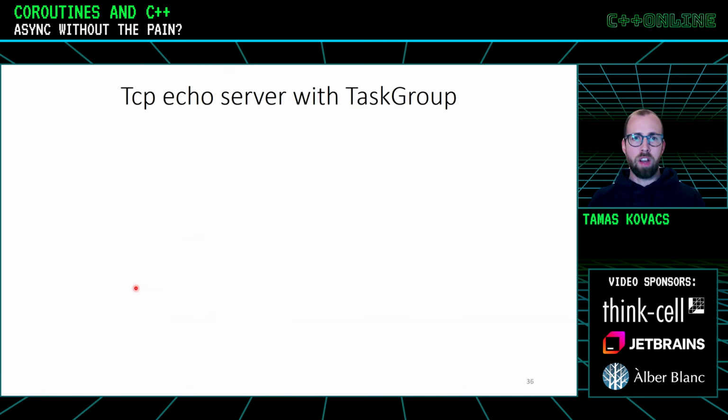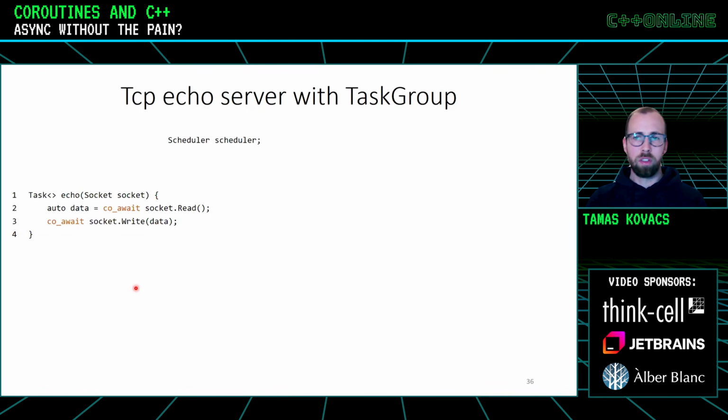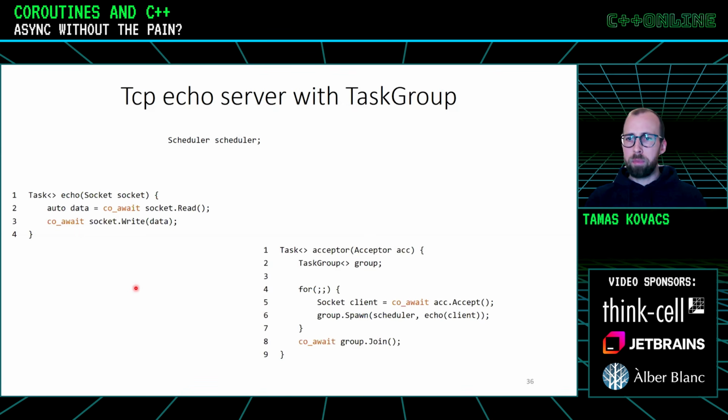And if we now take a look at our hello world example, we have a scheduler, and we have an echo. The echo routine reads from the socket and writes back, everything asynchronous, everything fine. And inside our acceptor, we now have our task group on line 2.